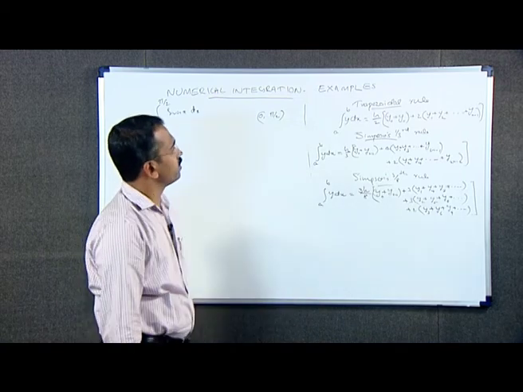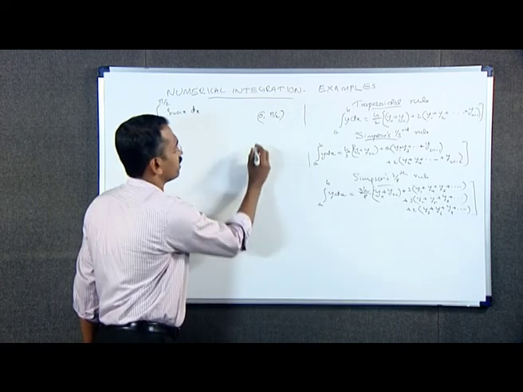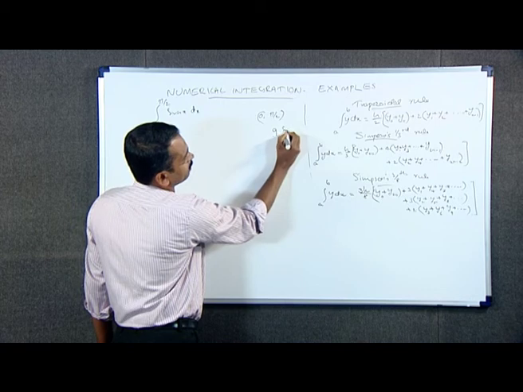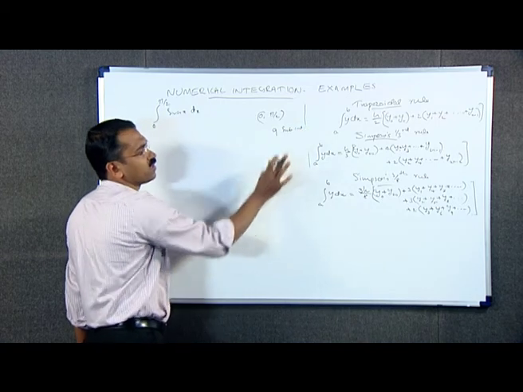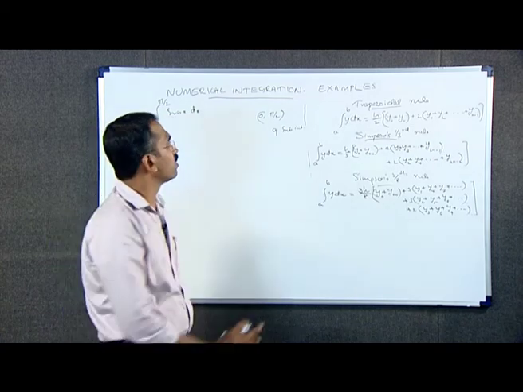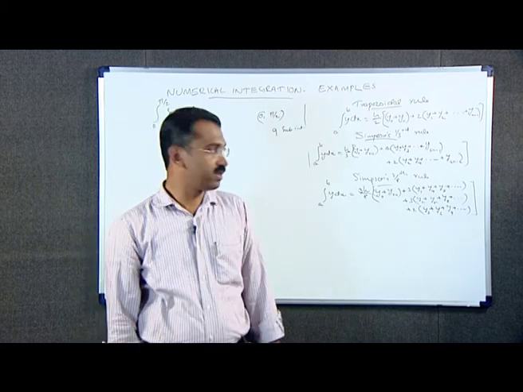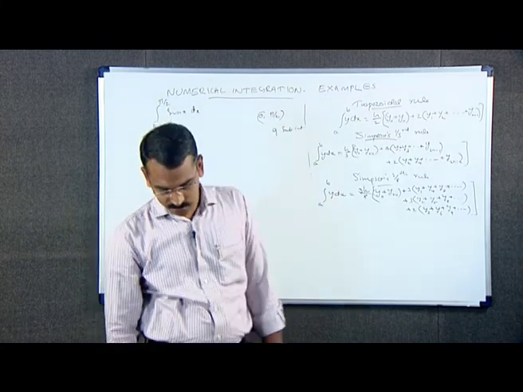Let us divide this interval 0 to pi by 2 into 9 subintervals. 9 means 3 into 3, a multiple of 3. Therefore, we can use Simpson's 3/8 rule if we divide this interval into 9 subintervals.